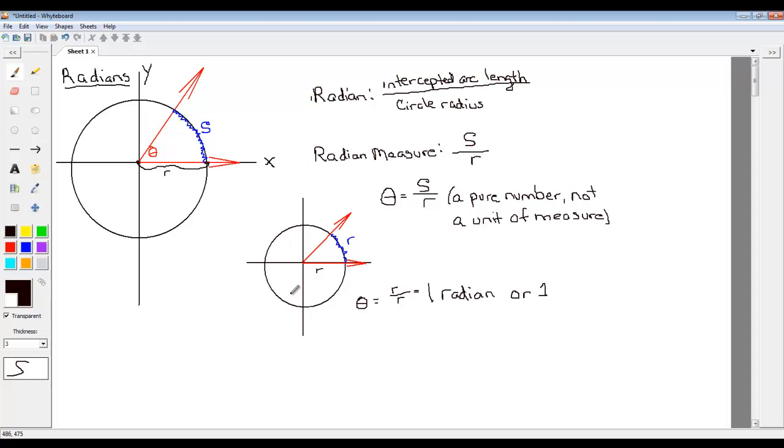Okay. Now, an interesting thing happens if you start playing around with these ratios.